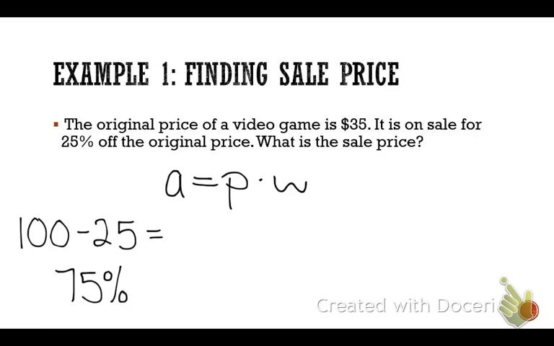So when it's on sale, we're just going to subtract whatever the percentage is from 100, and then we're going to change that into a decimal to plug it in to our formula. All right, so A equals, now A is going to stand for our sale price, the percent, which is 0.75, times the original price, which is $35.